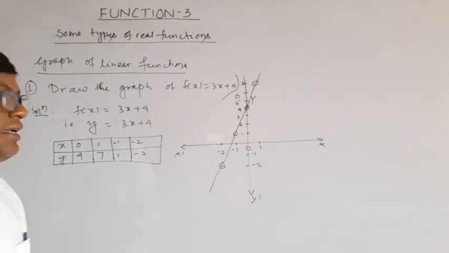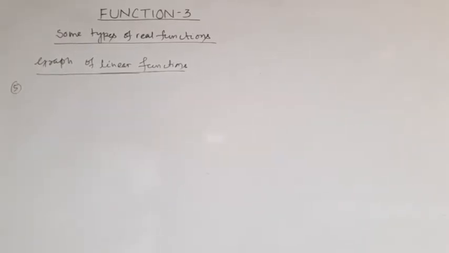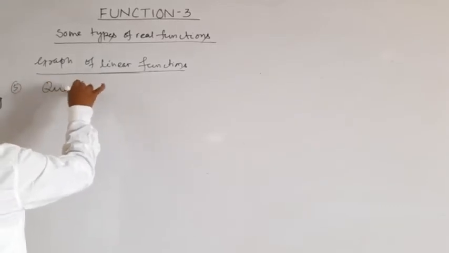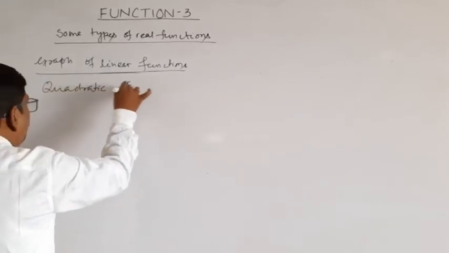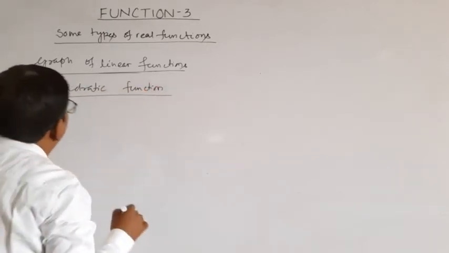Now, if the degree is 1, it is linear. If the degree is 2, then it is called a quadratic function. Okay, now quadratic function.